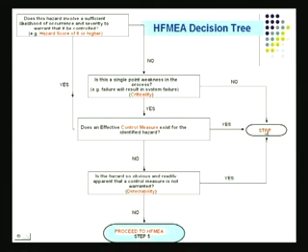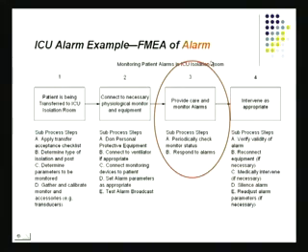So what I would suggest is try to look up some references on hazard guided failure mode and effect analysis. Here's an example taken from the healthcare industry. It turns out that there are certain patient alarms connected to the patient.